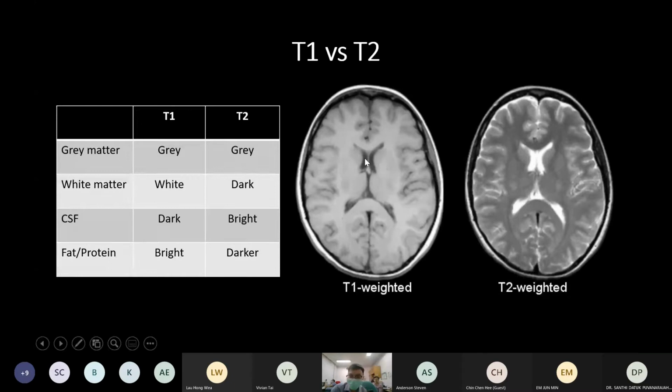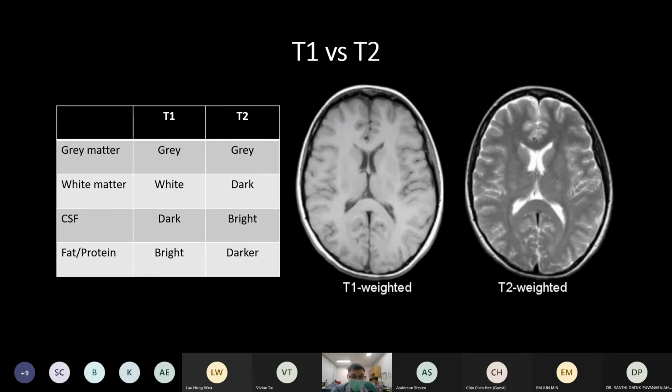Under T2, the CSF is going to appear bright because the repetition time is increased, and the echo time is also increased. TE and TR are not so important to remember, just remember the basics behind it. Another thing to remember: to identify which sequence is T1 and which is T2, you need to look at two things.